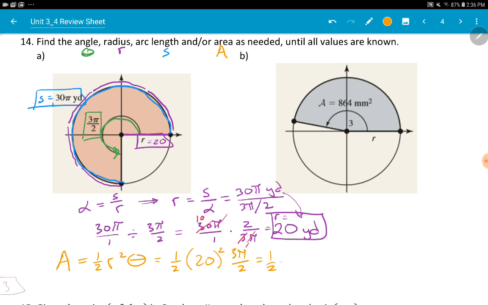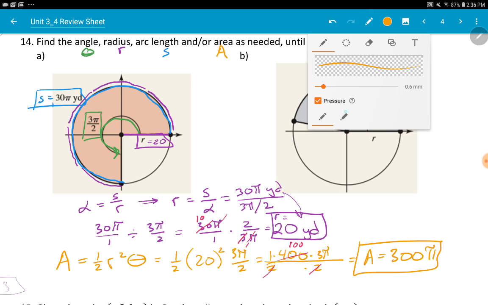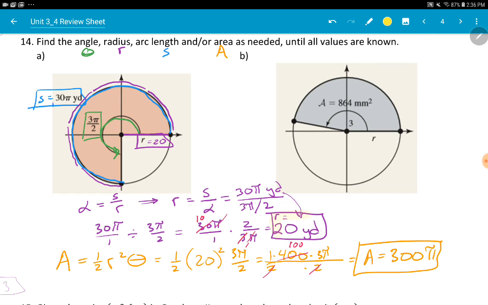So 1/2 of 20 squared is 400, and with 3 pi over 2, I have 2 factors of 2 in the denominator, which is 4, so I can cancel out with that 4 to get 100 there. And I'm left with an area equals 300 pi. So that's my final answer for area, and this is my final answer for part A.